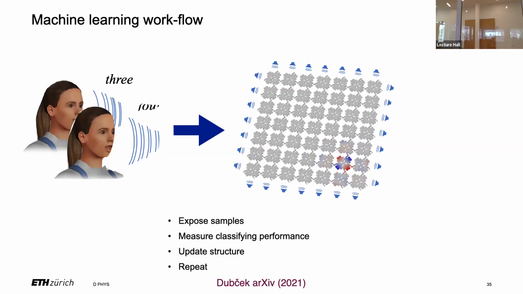And then if it doesn't distinguish very well, you change your geometry such that it distinguishes a bit better, and then you update the structure, you do it again, and it's like you would train a neural net, if you have any experience with that. If not, it's just, you have a set of weights that you change in order to achieve a performance. And that's very simple and well defined.